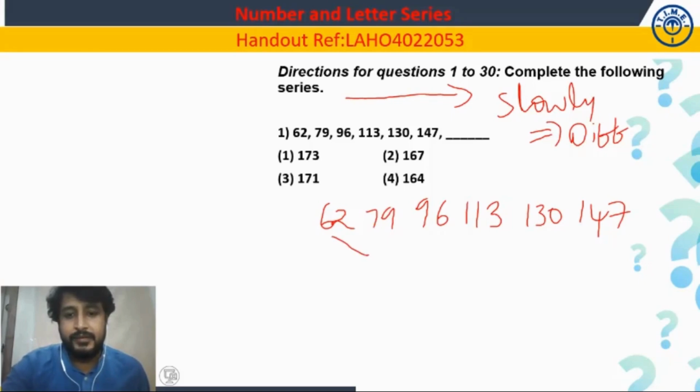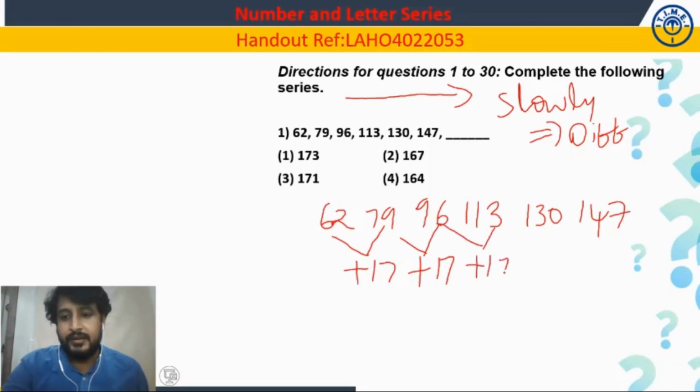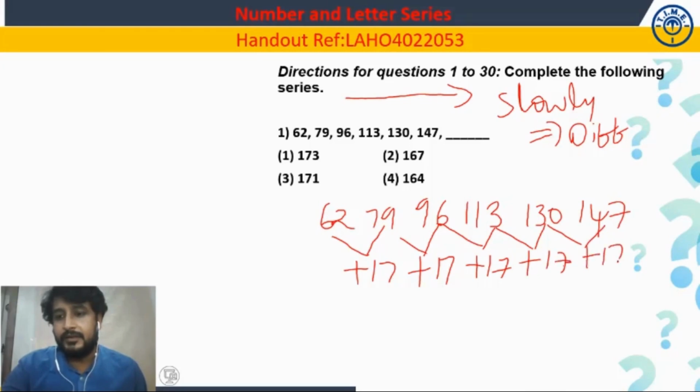62 and 79, increased by how much? 17. 79 and 96 difference is how much? 17. Increased by 17. 96 and 113 difference is how much? 17. Increased by 17. 113 and 130, plus 17. 130 and 147, plus 17.